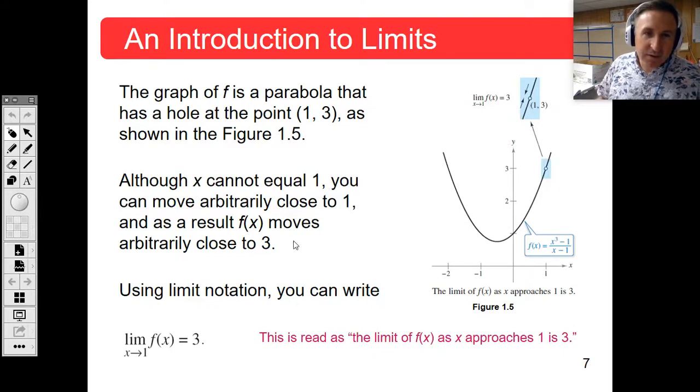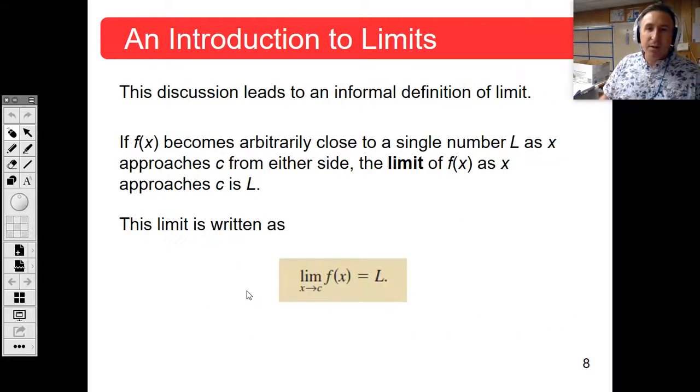We're approaching 3. So that's how we write this. The limit as x approaches 1, that's how we read it. The limit as x approaches 1 of f of x is equal to 3. Or you can say the limit of f of x as x approaches 1, right? Okay. So this discussion leads to the informal definition of limit, not the formal one yet.